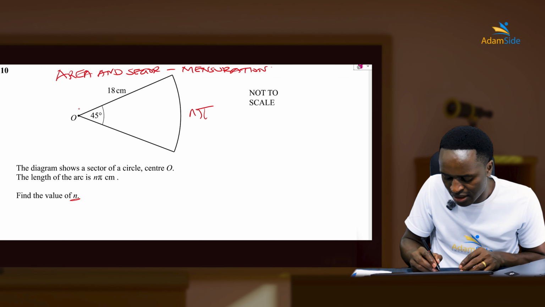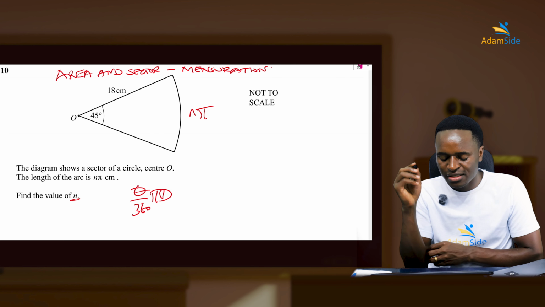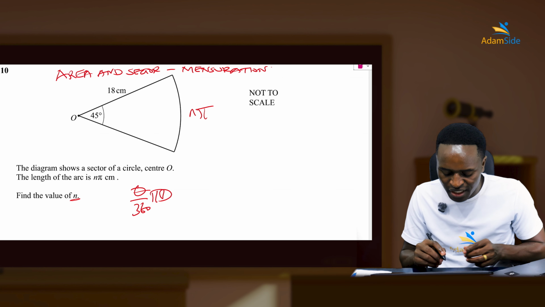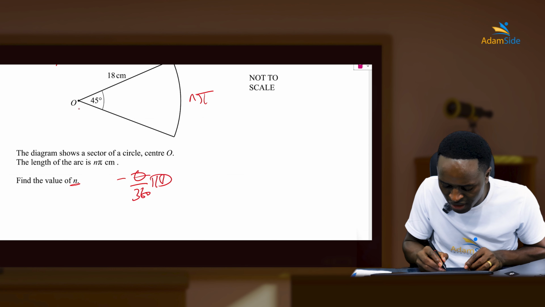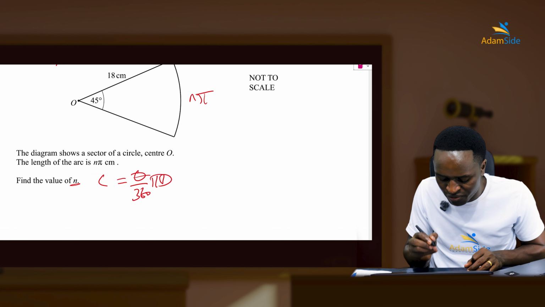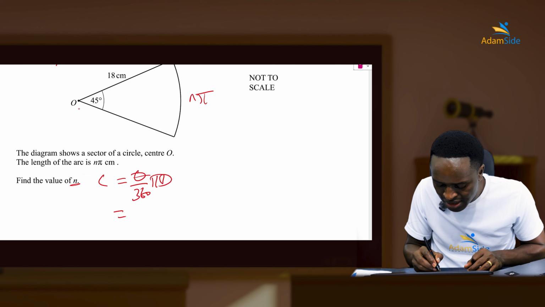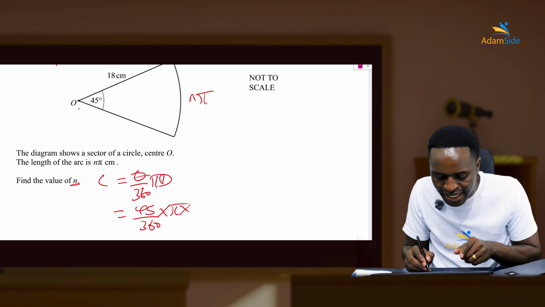How do you get an arc? An arc is theta over 360 times pi times d. This is how you find the value of n. This is the formula for getting an arc length of a circumference. Theta is 45 out of 360 times pi times the diameter.